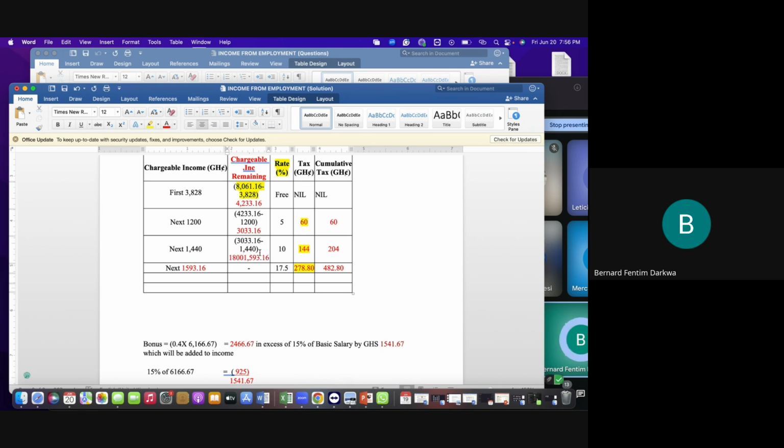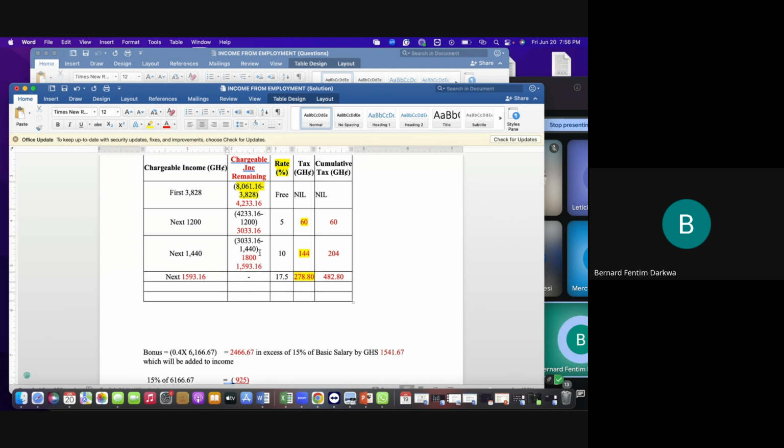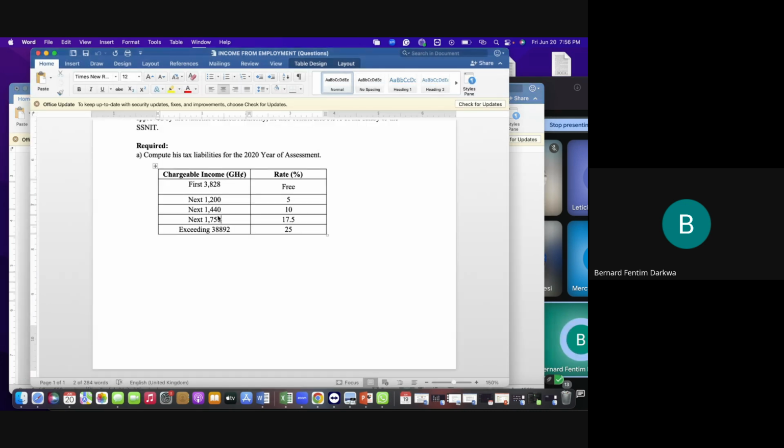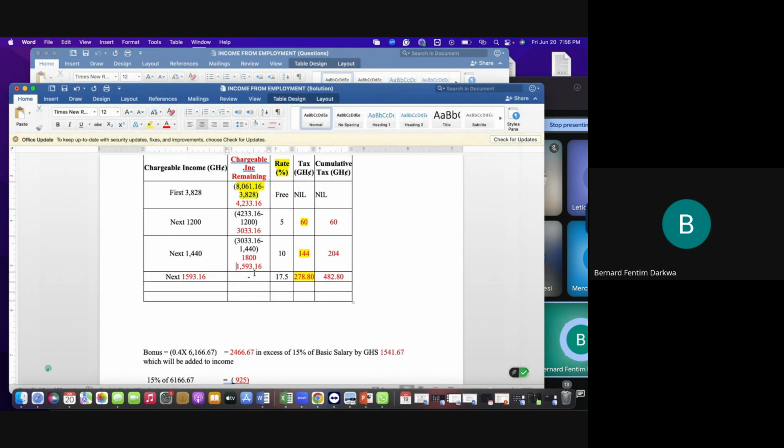Now assuming we have 1,800 left, because the next band says we should take 1,700, it means that we would subtract the 1,700 from this figure, then we get a balance. Then we charge the 17.5% on 1,700. Then we go to the next. You see, that's how we do it.